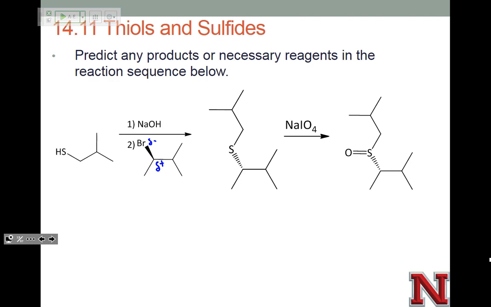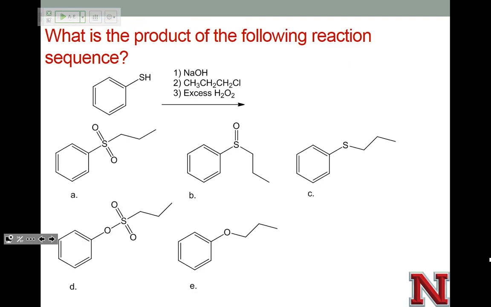If we want to go all the way to twice the oxidation, then we would use peroxide, or a stronger oxidizing agent. So looking at this one, there's a very similar reaction. We're deprotonating, and reacting it with this partial positive carbon. And then excess H2O2 means we will oxidize it fully, which would give us A. Now we're not inserting an oxygen in anywhere.